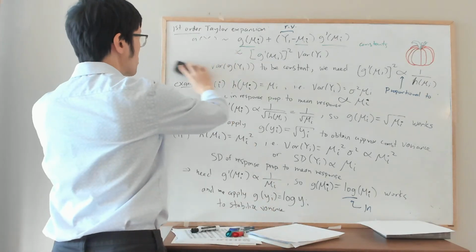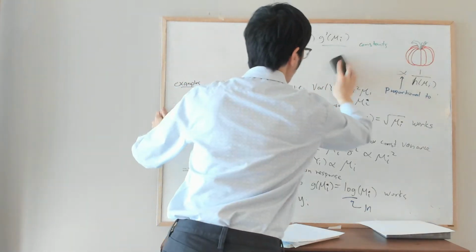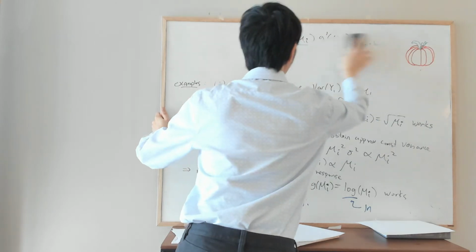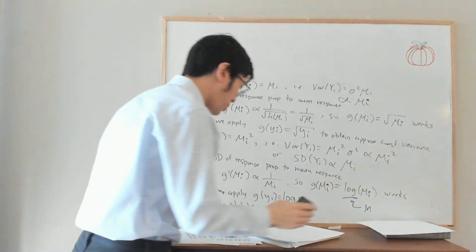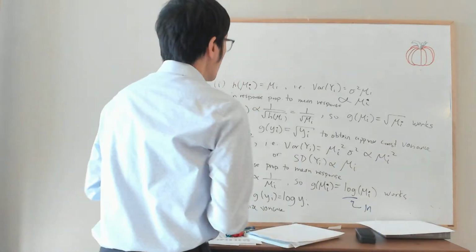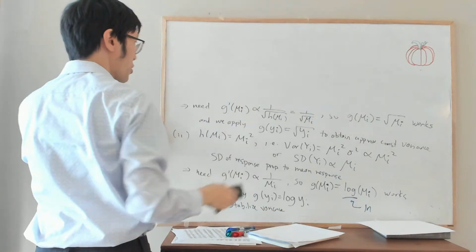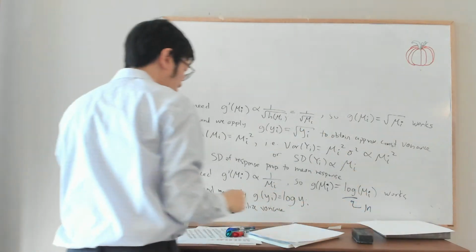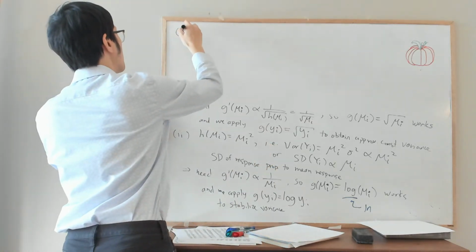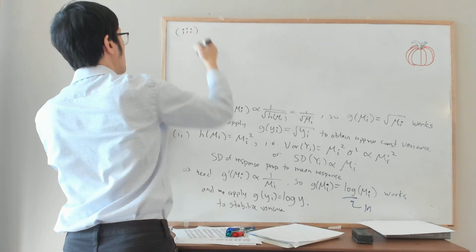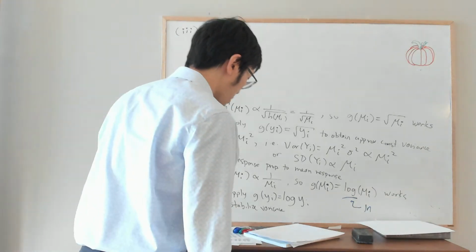Okay, and so those are two special cases of transforms, in particular transforms within the broader class of what we call power transforms. The broader family of transformations that these are part of, like the square root transformation and log transformation, can be expressed as special cases of what's known as the Box-Cox transformation, which is the family of all transformations that can be expressed as a power.